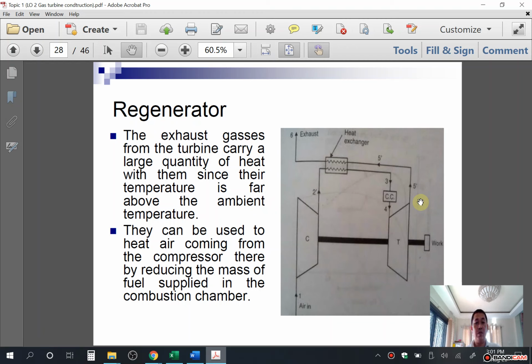So it can be used to heat air coming from the compressor, thereby reducing the mass of the fuel supplied in the combustion chamber.